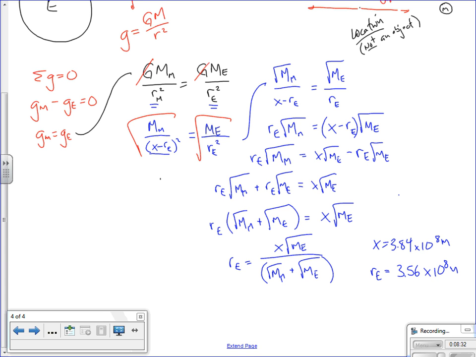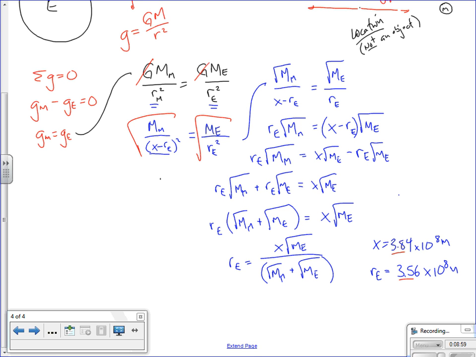We're 35 out of 38, whatever that fraction is, 35 over 38. We're 92% of the way there to the moon. So you got to be real close to the moon in order for this gravitational field strength to equal 0.